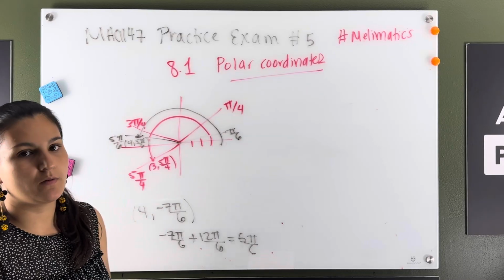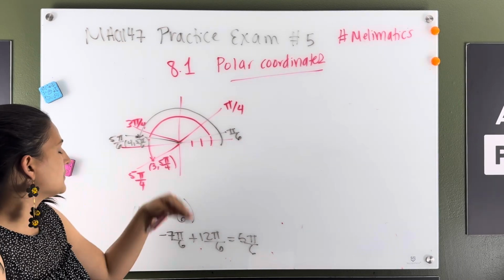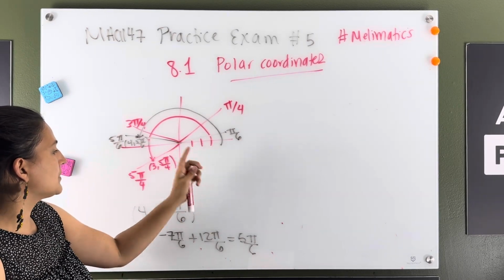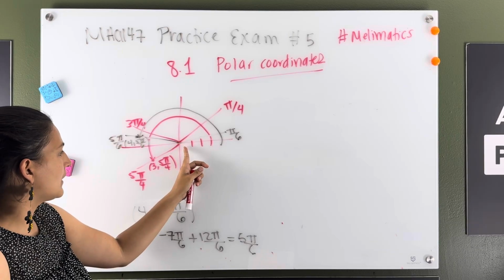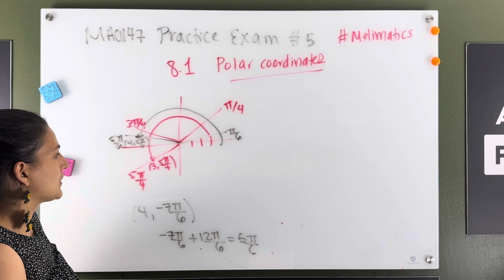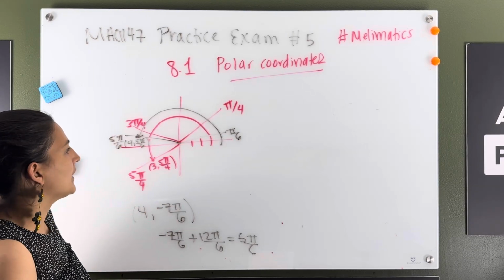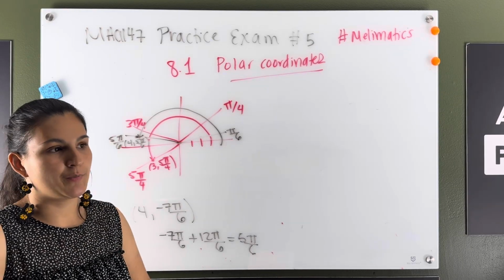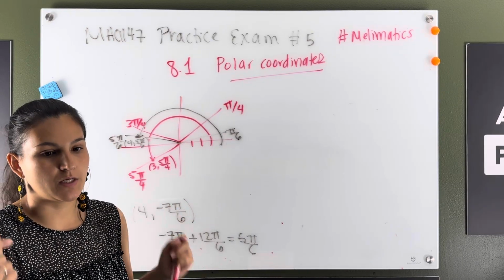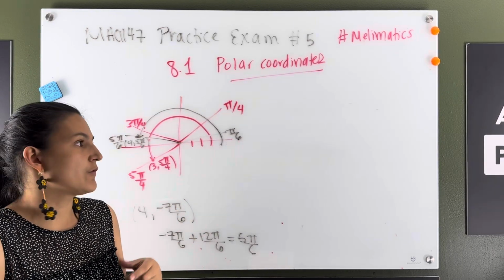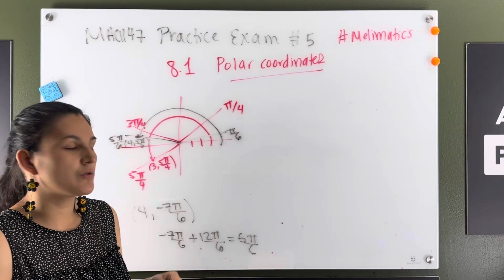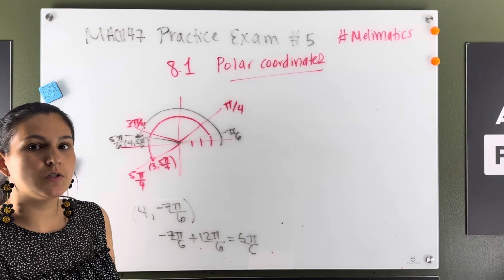We have spoken about when r is negative, it's in the opposite direction. It's a ray in the opposite direction from the origin, and then therefore it would be in the quadrant diagonal to it, okay? I've mentioned this before in class, but if you're in the first or second quadrant and you add pi, of course you're still going to be within one unit circle, so it's going to make sense in terms of the unit circle.